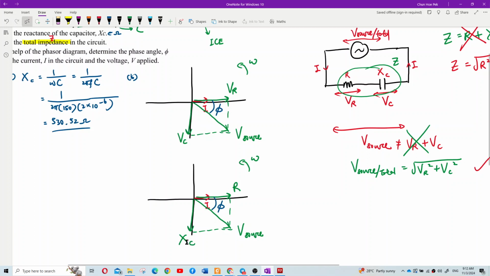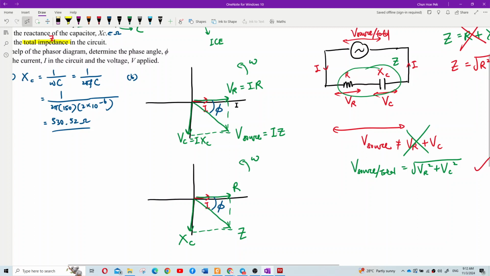V source is like Z. Kan? Sebab kita tahu VR ialah IR kan? Betul tak? VC ialah IXC. V source ialah IZ.